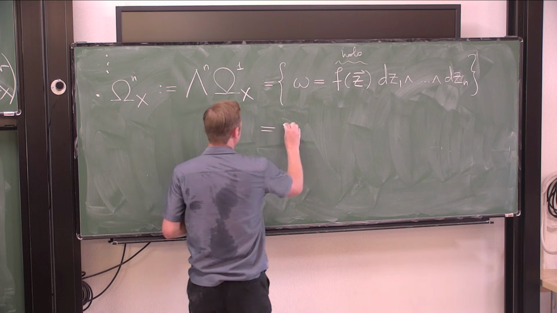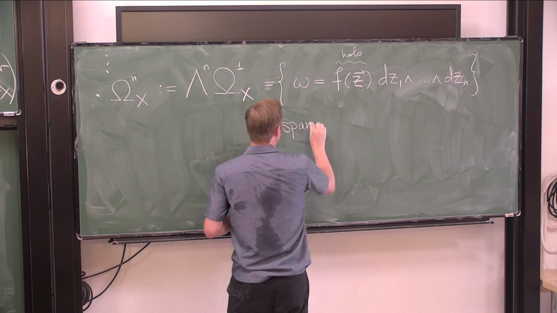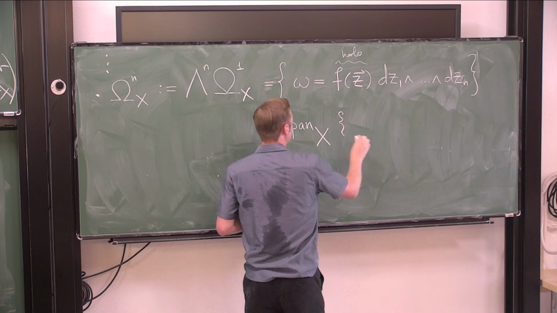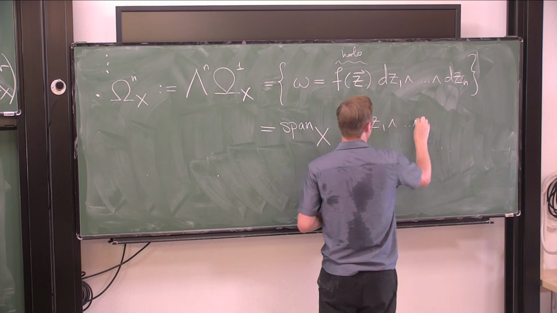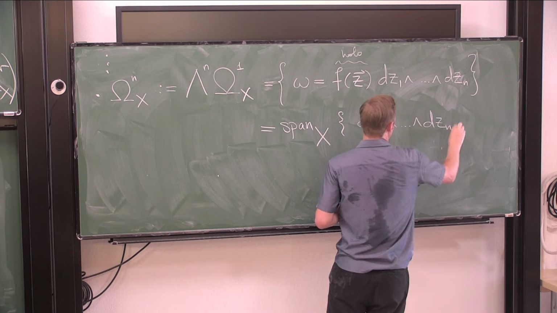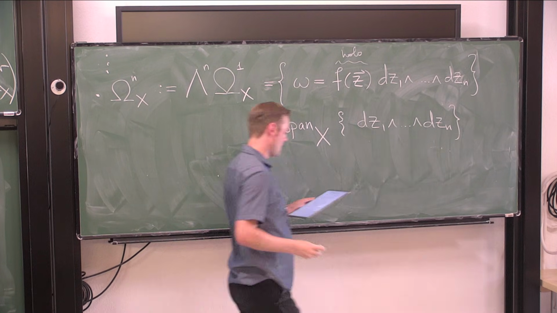So, in other words, again, this is the span over X of just a single vector, dz_1 wedge ... wedge dz_n.